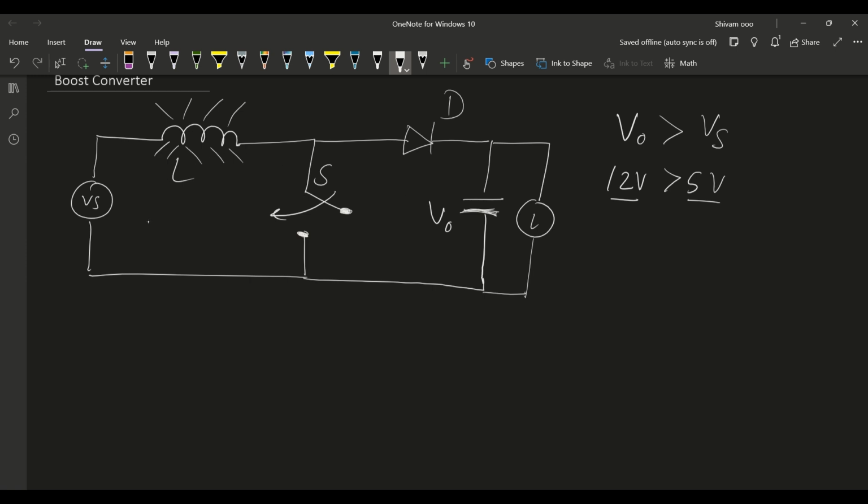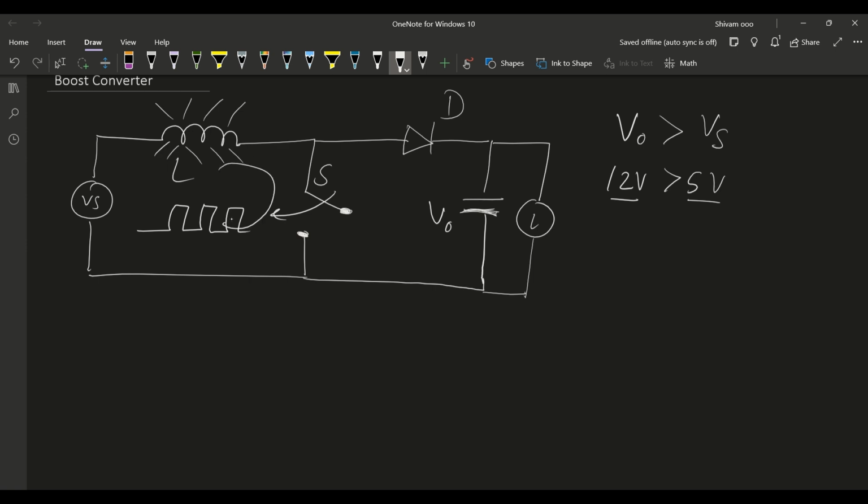And what it does is store the energy in the inductor and deliver it to the capacitor to increase the output voltage. Here is the switch, which is a MOSFET, a high speed switch.